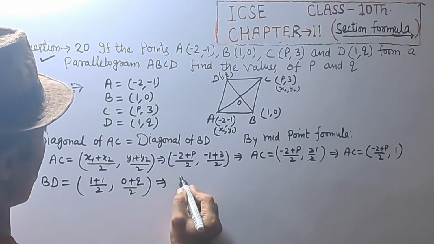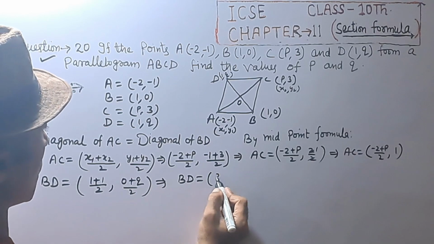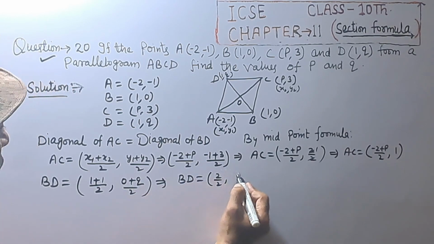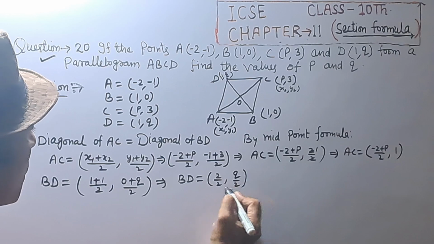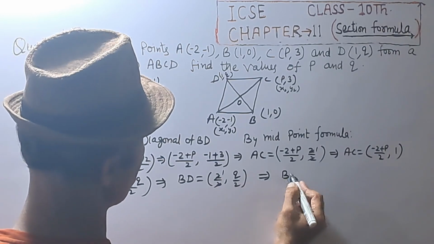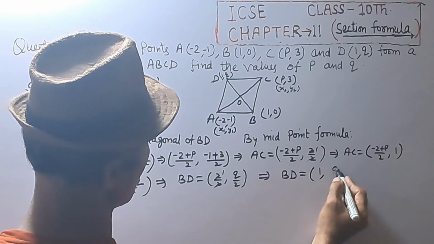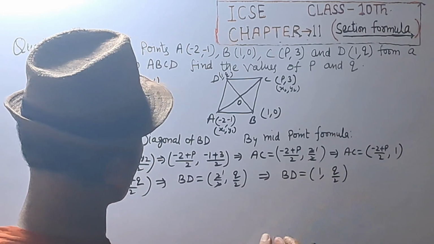So we get BD is equal to (2 upon 2, q upon 2). This cancels and we get BD is equal to (1, q upon 2).